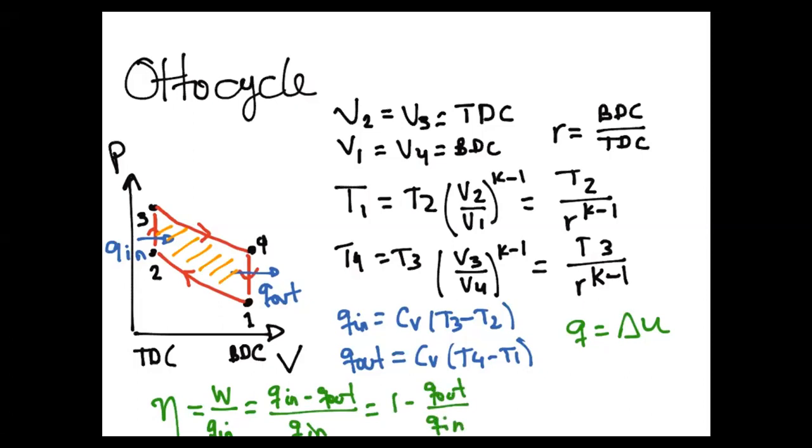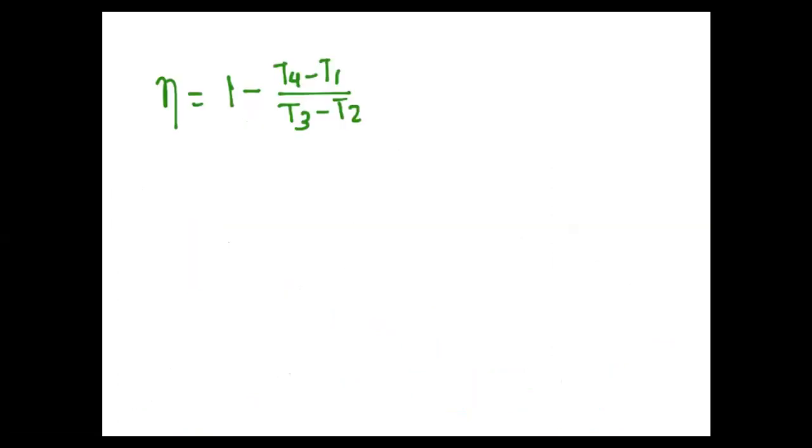And this will yield an expression that is 1 minus Cv times T4 minus T1 over Cv times T3 minus T2. We can cancel the Cvs. Then we're going to have 1 minus T4 minus T1 over T3 minus T2.